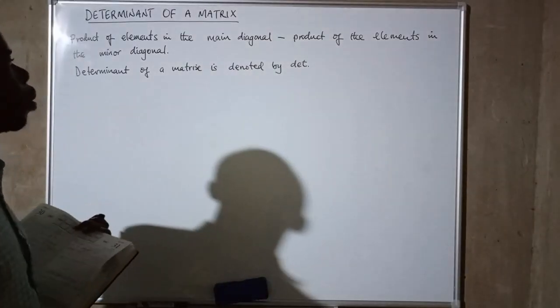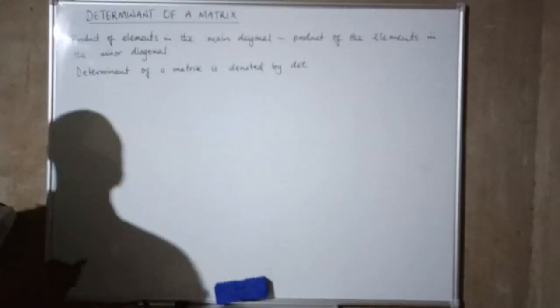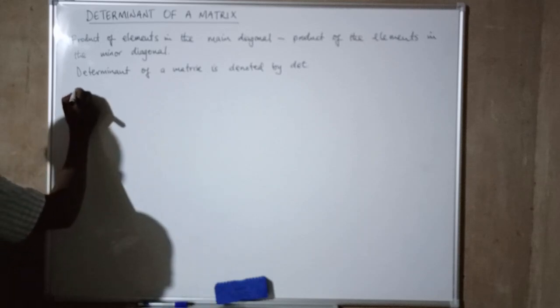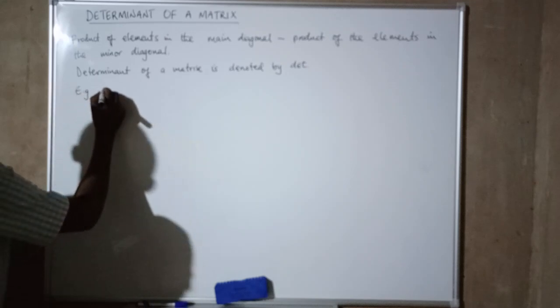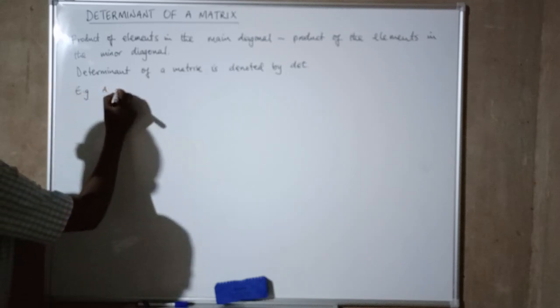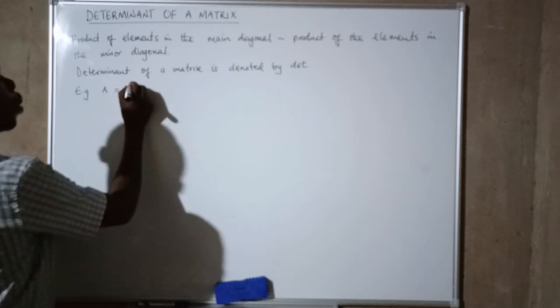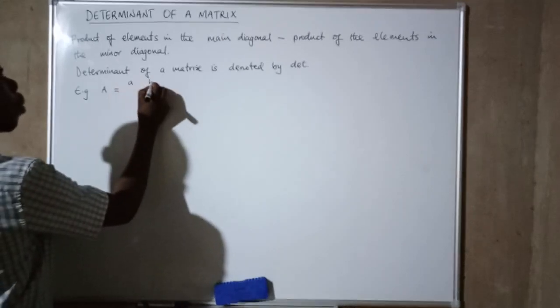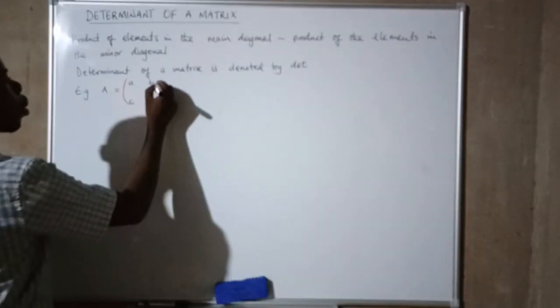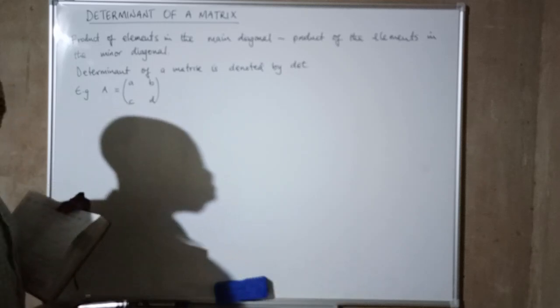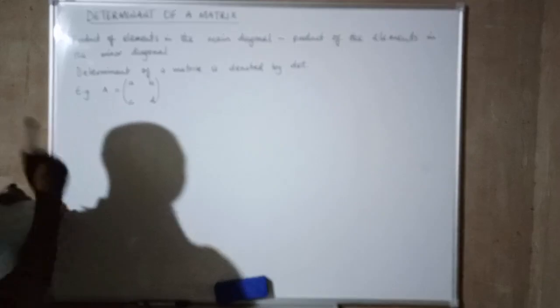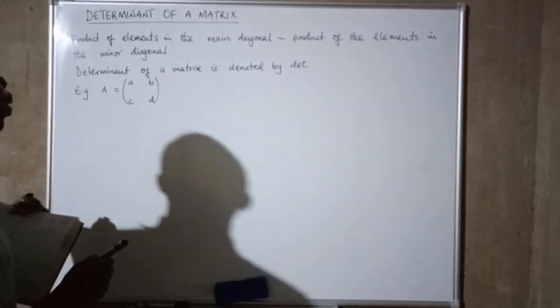That's the one we use to show a determinant. So for instance, if we have matrix A, which is equal to, maybe, A, B, C, D. This is the matrix. Then if they ask you to say, can you find the determinant of matrix A?